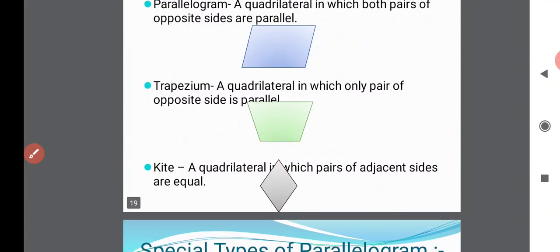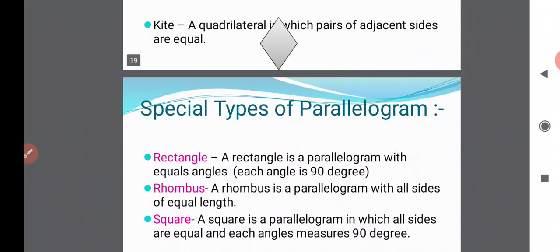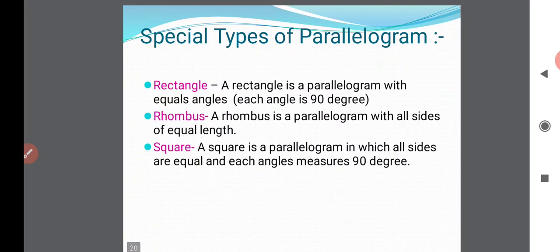Now we'll see some special types of parallelogram. Special types of parallelograms are rectangle. So what is a rectangle? A rectangle is a parallelogram, meaning its opposite sides are parallel. But what is the speciality? Its speciality is all the angles are equal, meaning each angle is 90 degrees. Next we'll see the rhombus. Again, a rhombus is a parallelogram, meaning opposite sides are parallel.